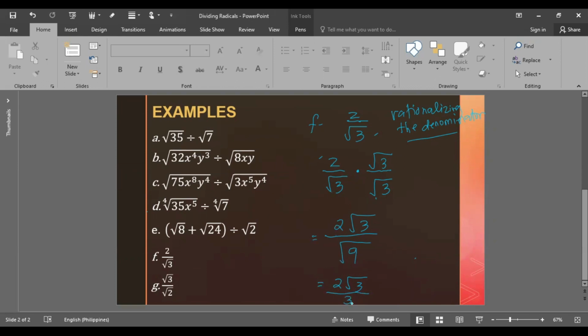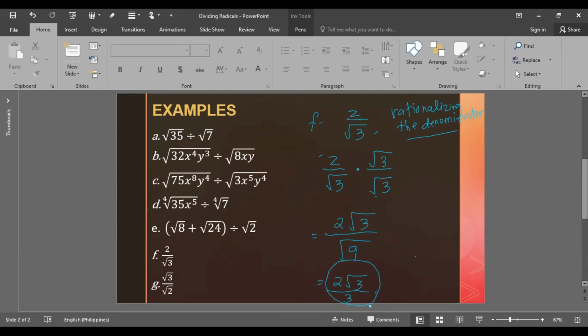Nagawa ba nating maalis yung radical sign sa denominator? Yes. And if you're going to look at the resulting expression, hindi naman na siya pwedeng masimplify pa. So this is now the answer. I hope it's clear to you.